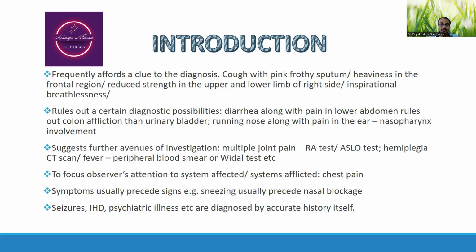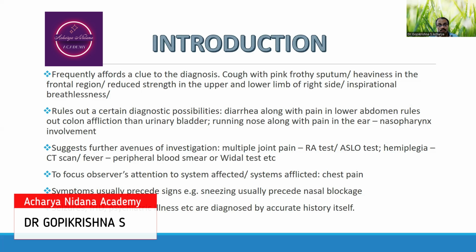Or otherwise, if the person is having numbness, it usually precedes the cerebrovascular accident features, such as the total loss of strength, etc. So, like this, the symptoms usually precede the signs.